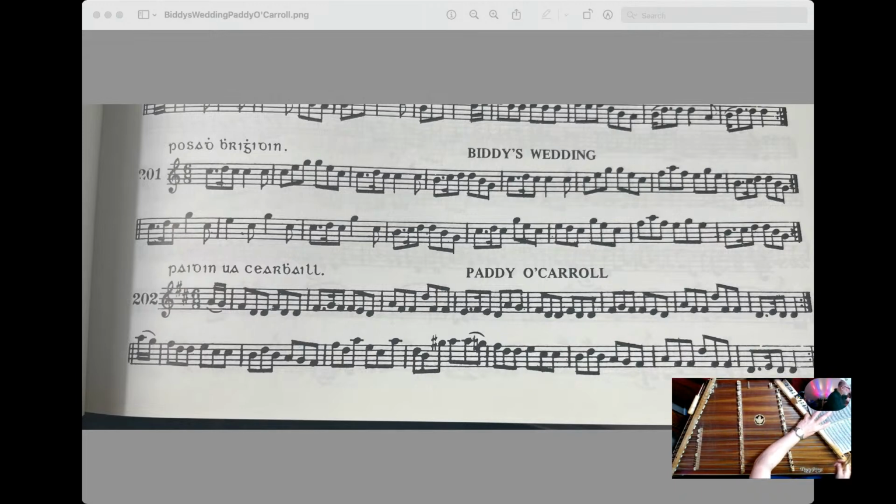So if I go through the whole song and play the A minor instead, I could, instead of playing the C, the G, and the F, play their relative minors and play the A minor.